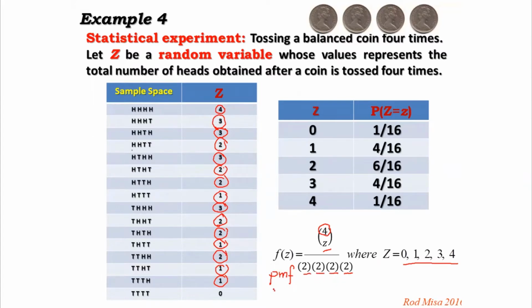Hence, this formula represents a probability distribution of the statistical experiment of tossing a balanced coin 4 times, since we have 2 parts here: the values of the random variable z, assuming values from 0 to 4, and its corresponding probability, which is represented by the probability mass function f of z.